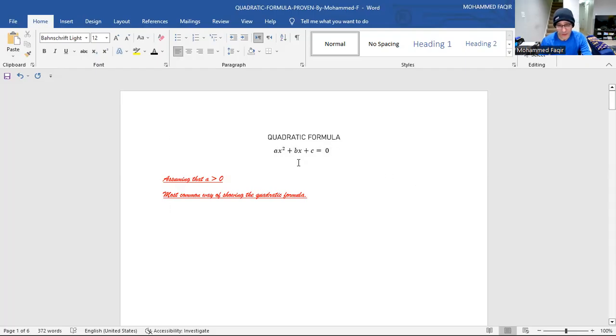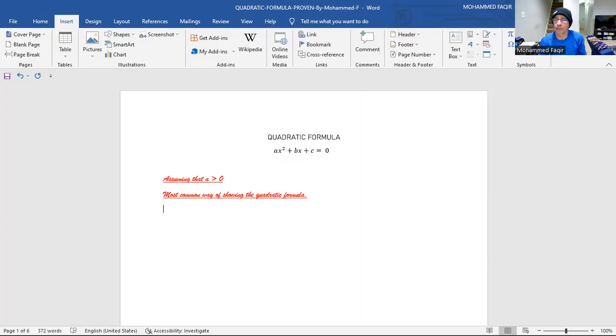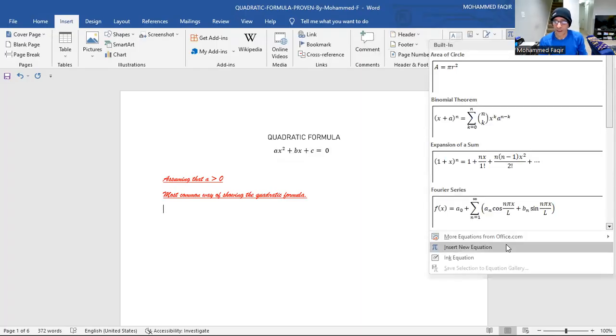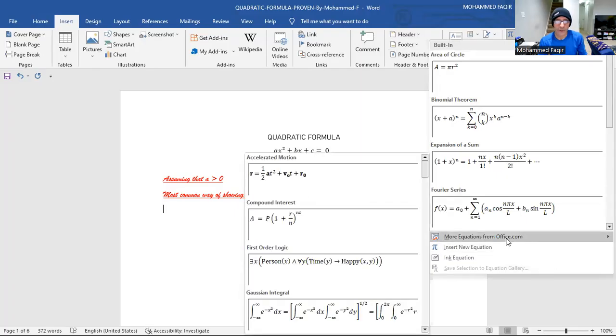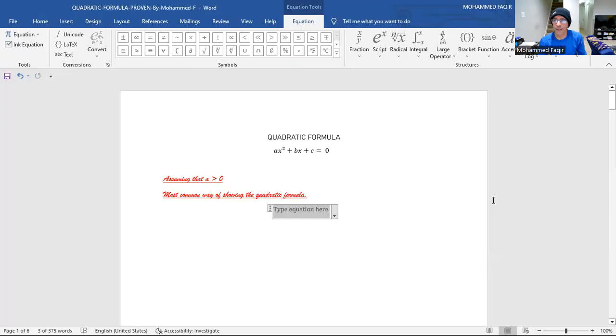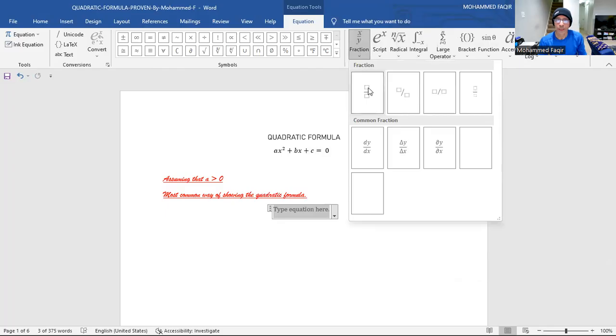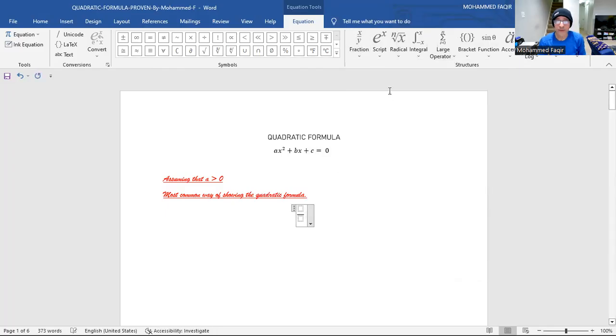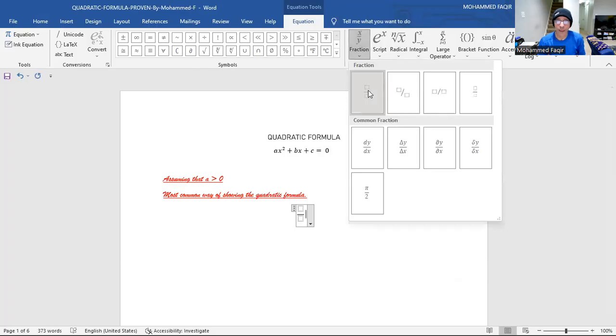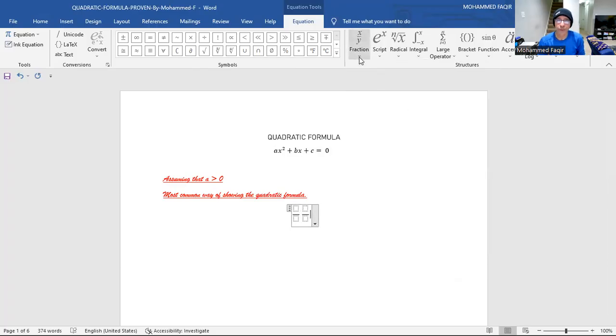So the first step is to divide by a, so we can get rid of the coefficient of x squared. So we're going to do some fractions. I'm going to do one here. Next to it, I'm going to enter one more, and next to it one more, and then an equal.